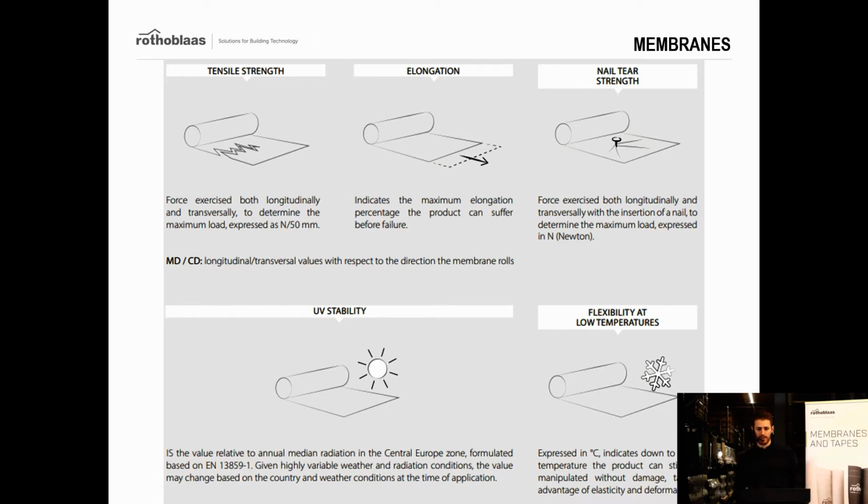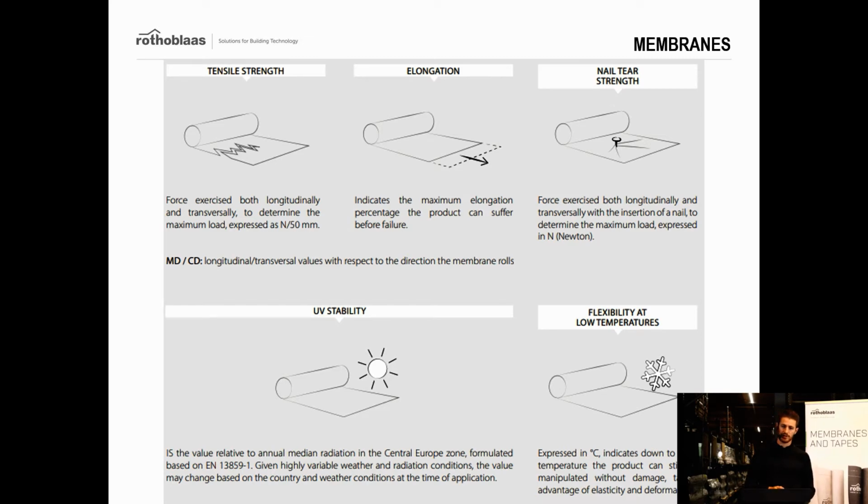Another very important thing is the UV stability, and of course a lot of membranes are inside the build-up of the wall, the construction of the wall. But when you're on site, and you leave the membrane to protect your timber building, sometimes the on-site works can stop for months, sometimes even more.